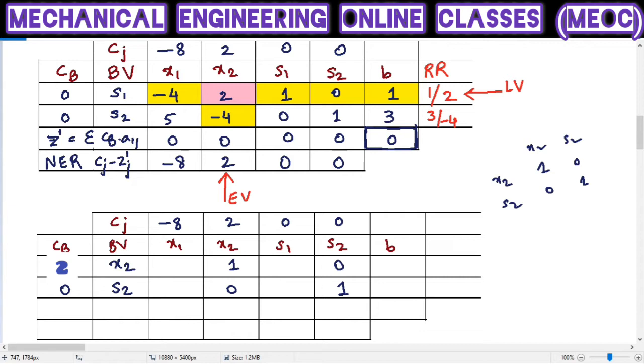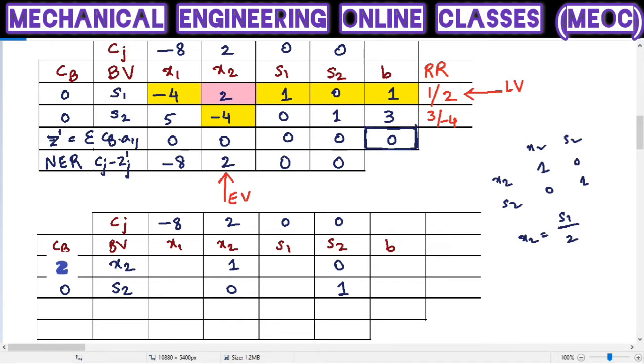I have already given the formulas on how to write the entering variable row and the other rows in a previous example. The entering variable row is the leaving variable row divided by the key element. The key element here is 2. So divide every element of the S1 row by 2 and we will get the x2 row.